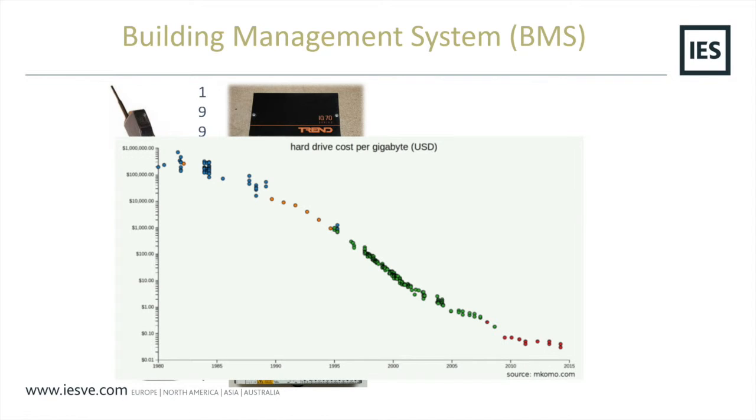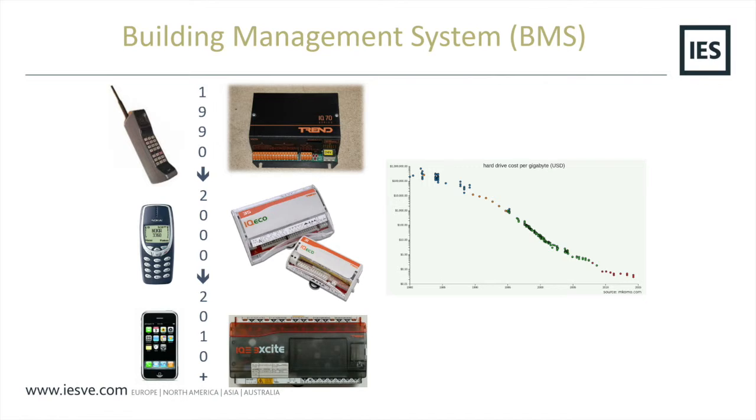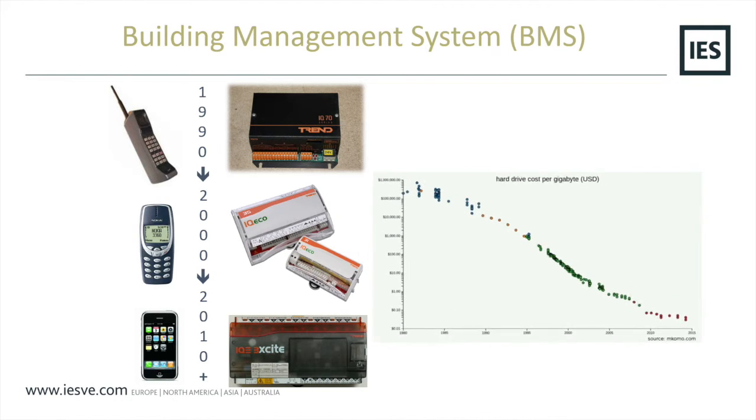So data storage has become a lot cheaper. And if you think about these systems that were maybe designed in the 80s, 90s, they weren't ever designed with data in mind. What you do find is the more modern BMS architecture has been designed maybe a bit more with data in mind, so you can get into that data.